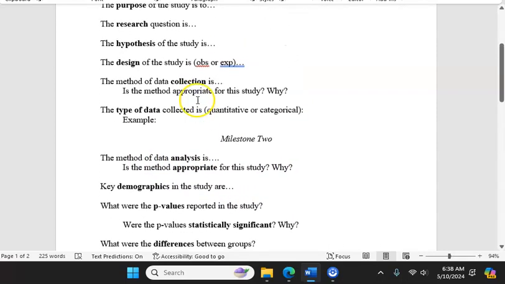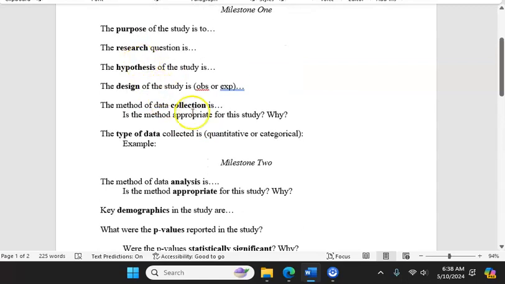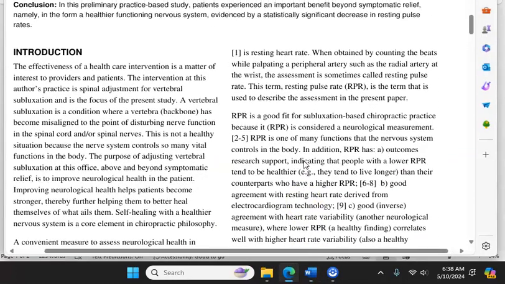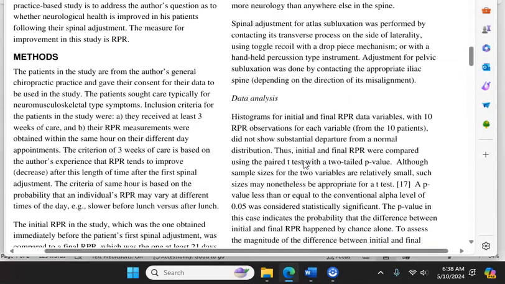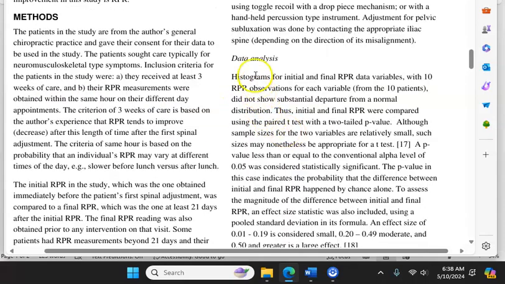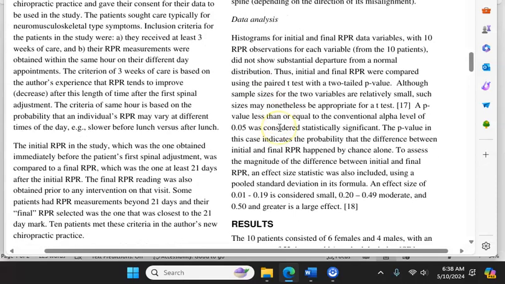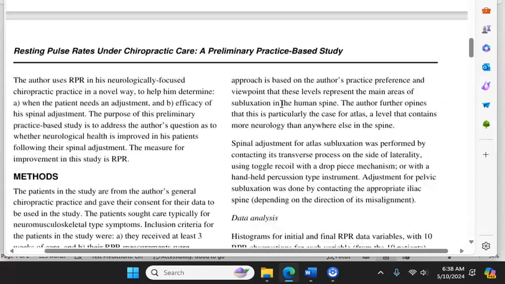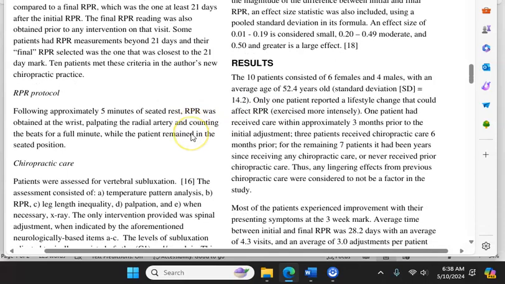Milestone 2, continuing. Method of data analysis, different than data collection. Data analysis. Let's go to my study here, and that's usually found in the methods section. So data analysis, histograms. So that's a type of graph showing the data. That is an example of data analysis. And the paired t-test, that's an example of data analysis. So again, different than data collection.